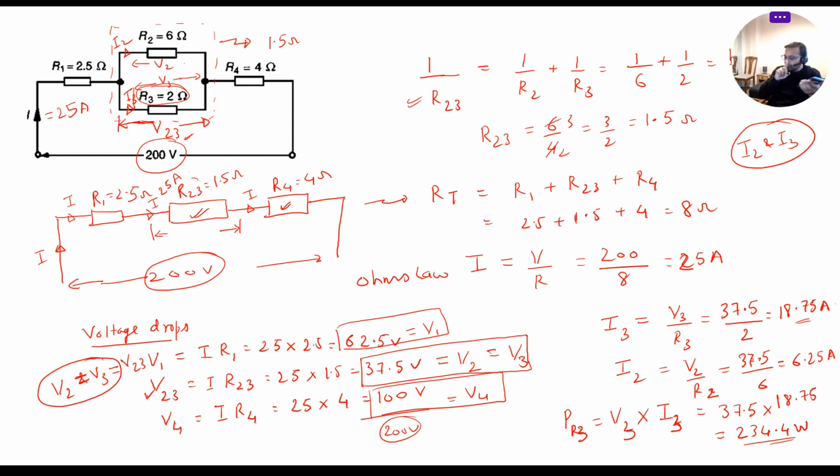This one. So 37.5 multiplied by 18.75 is 703.13. So it is coming out to be 703.13 watts, or 0.7 kilowatts.